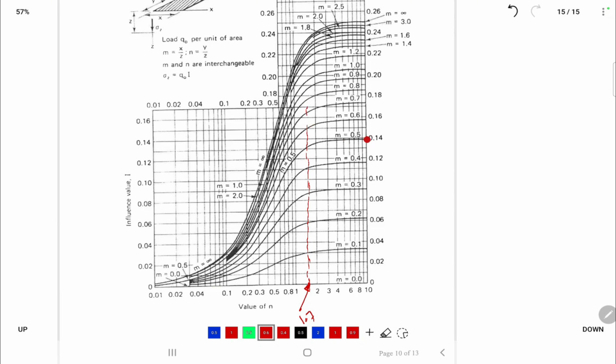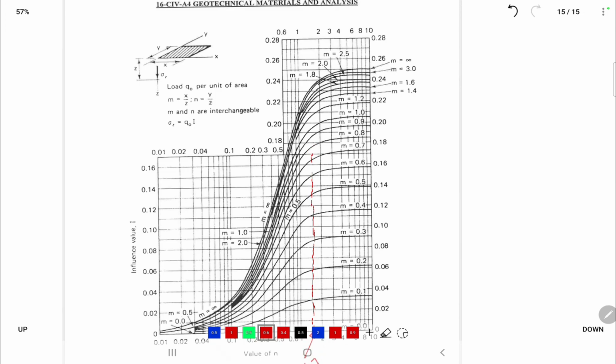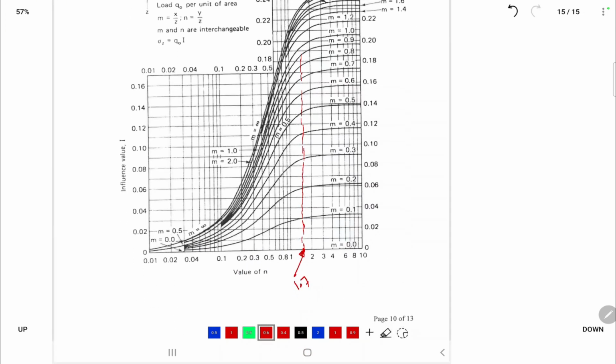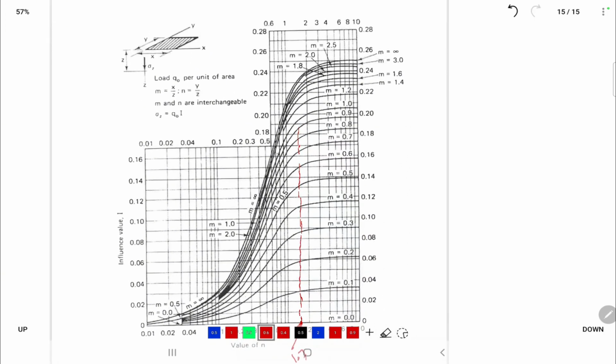You see, this line is M 0.5, this line M 0.4, 0.3, and so on. So I am looking for M 1.3.